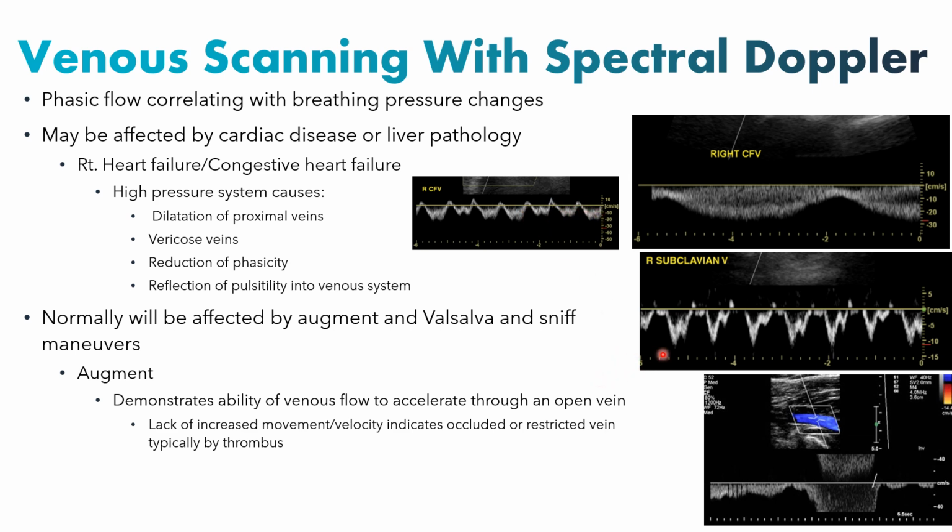As we get towards the heart, this can occur, like in the hepatic veins right before they dump into the IVC, or in this case in the subclavian vein. Sometimes you can see a little bit of reflection of the pulsatility from the right atrium in that venous flow because of their close proximity. So a sample like this would not be abnormal in a vein that's proximal to, or close to, the heart.